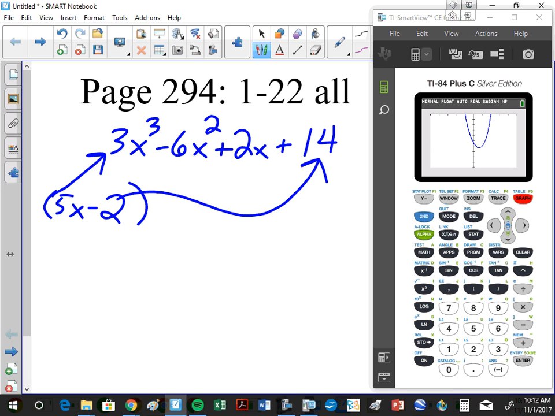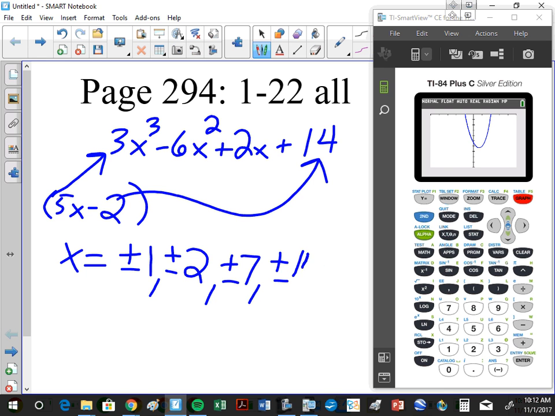So here's how you find the possible rational roots, and this is called the rational root theorem. The rational root theorem says if all of your coefficients are integers, like we have, the possible rational roots are plus or minus any factor of the constant. So x could be plus or minus 1 or plus or minus 2 or plus or minus 7 or plus or minus 14.